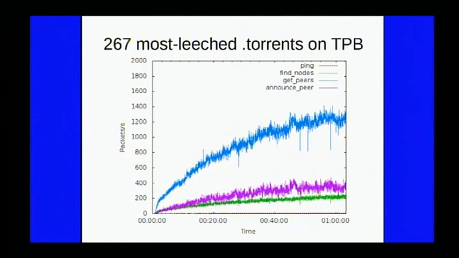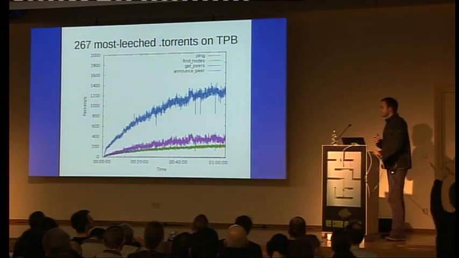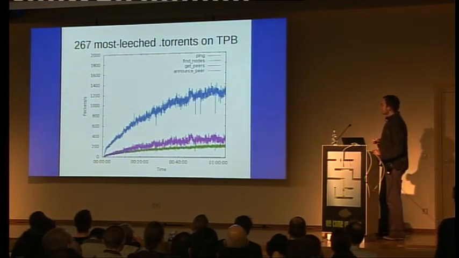And what's interesting here is that we still have, contrary to the previous attack, a fairly low rate of find node requests, but the get peers for the tracker data itself is accelerating much more.